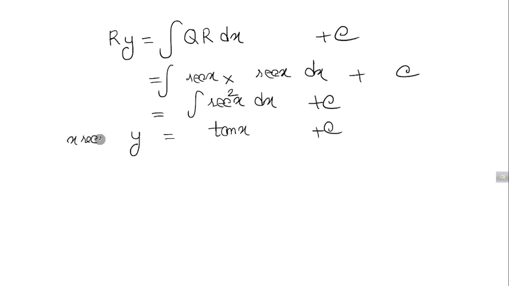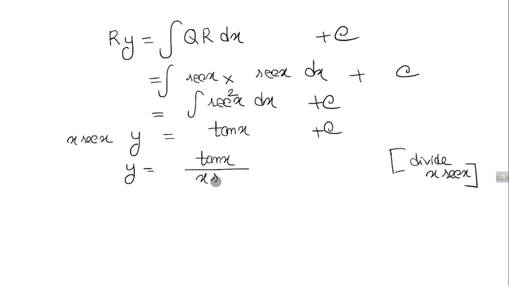Now divide this equation, both the terms, by x sec x, and you will have tan x divided by x sec x plus c by x sec x.